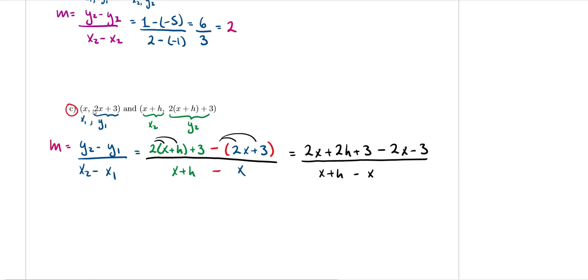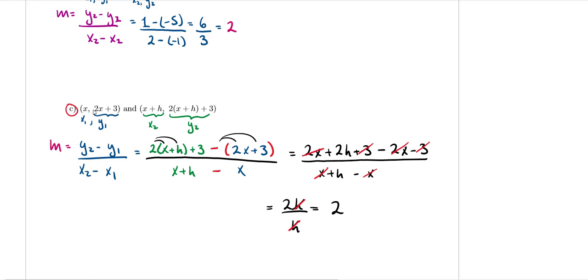Okay, so I think a couple of things will cancel. On the numerator, I see the 2x cancel here. I see the 3 cancel here. So we are just left with a 2h on the top. Now what about the bottom? Well, I see the x's cancel. So we have 2h over h, which is simply a 2 once we cancel out the h's.